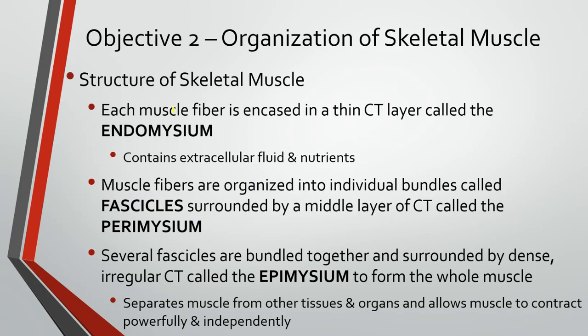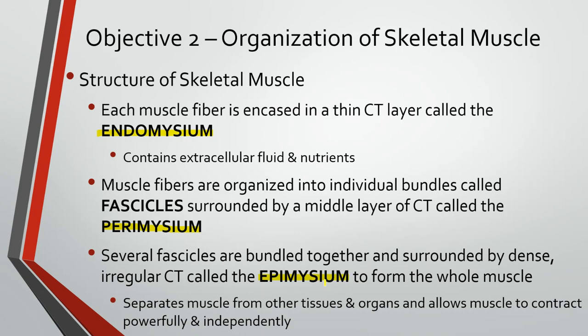So in terms of the skeletal muscle as a whole, you have 3 different types of connective tissue: the endomysium, the perimysium, and the epimysium. All 3 of these are coverings. We're going to look at it from the smallest all the way up to the biggest.